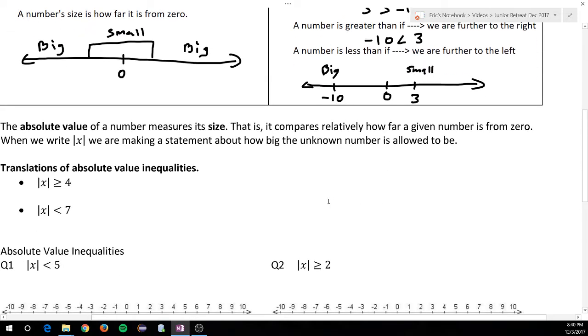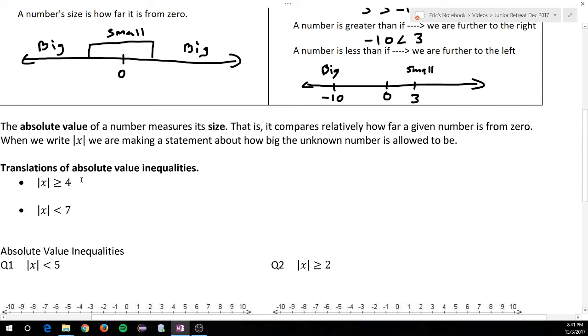Now that we've sorted that out, let's talk a little bit about how we would read an absolute value, in particular when it's in relation to an inequality. So as we've always seen, x, the variable, is some unknown number. So when we put x inside of an absolute value, it's not that I'm telling you exactly what x is, but I'm telling you how big it's allowed to be or how small it's allowed to be.